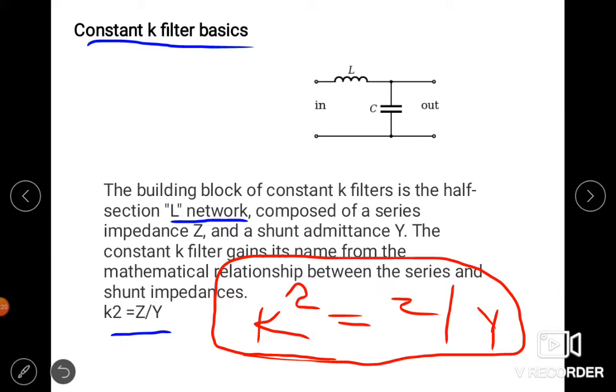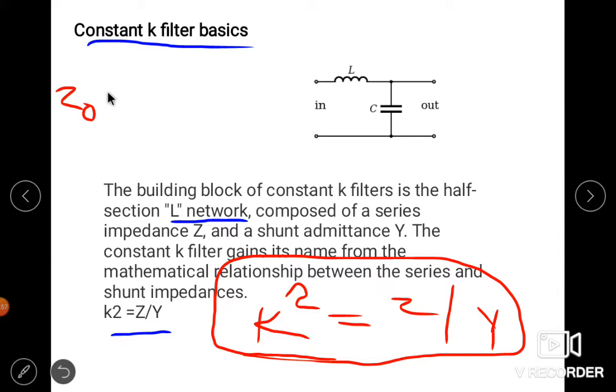Thus K is the characteristic impedance, denoted by Z omega naught, of the transmission line that would be formed by this small section. It is also the image impedance of the section at resonance in the case of a band pass filter, or at omega equal to 0 in the case of a low pass filter.